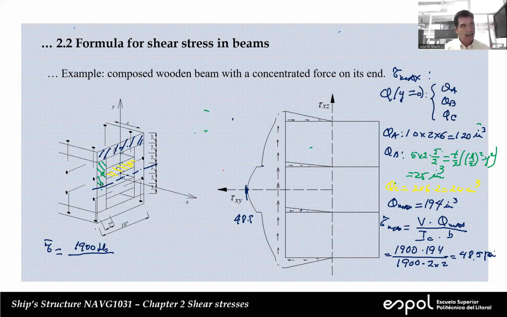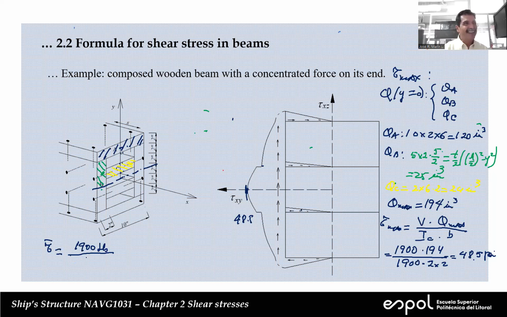Mr. Iturralde, the total area of the vertical elements. Mr. Hidrobo. Present. 40 inches square. No. Okay.